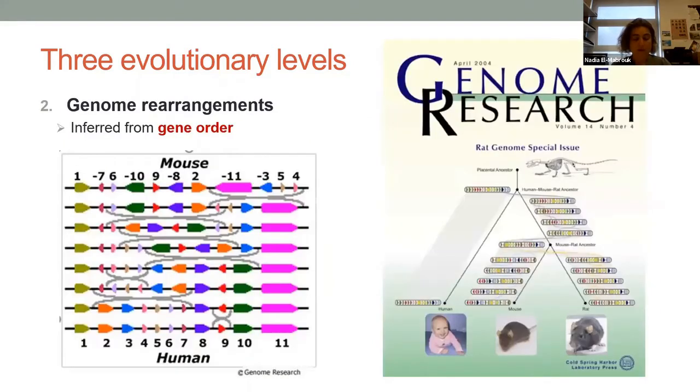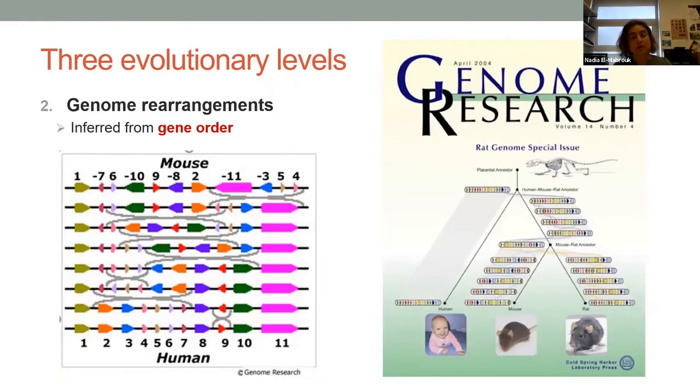Second, the organization of genes on the chromosome is reorganized through rearrangements. The genome rearrangement field, initiated in the 90s with the pioneering work of David Sankoff, Pavel Pevzner, and others, aims at inferring the most parsimonious or most plausible rearrangement scenario explaining the diversity of gene organization in present-day species.